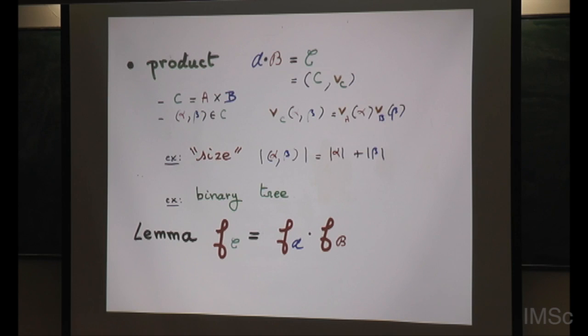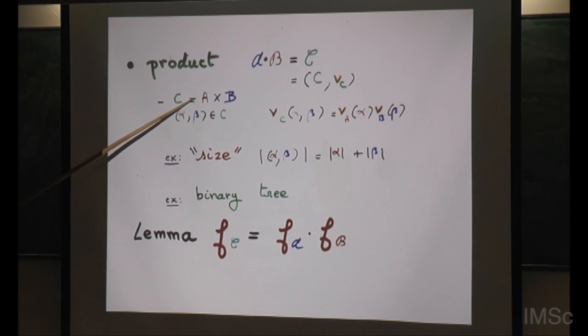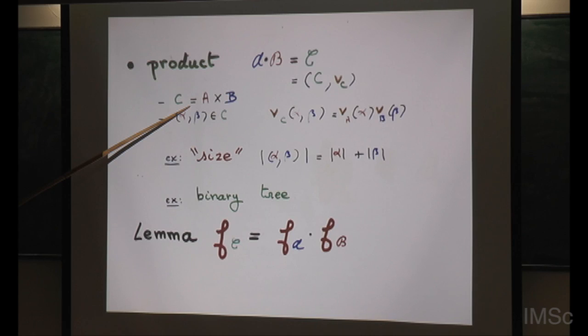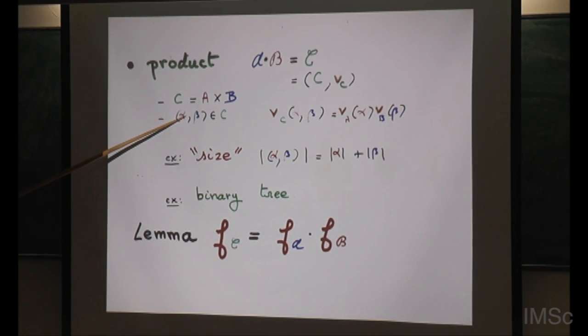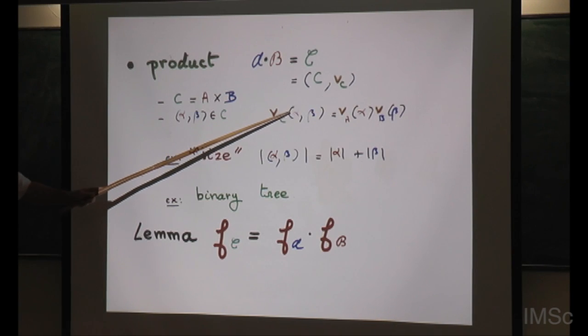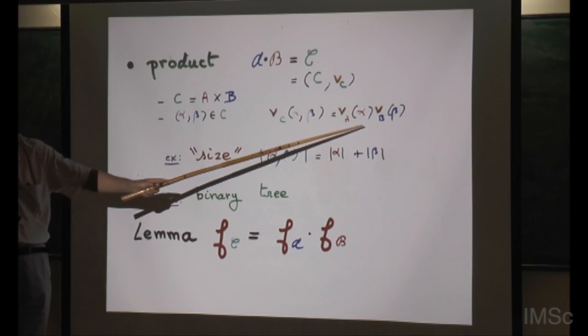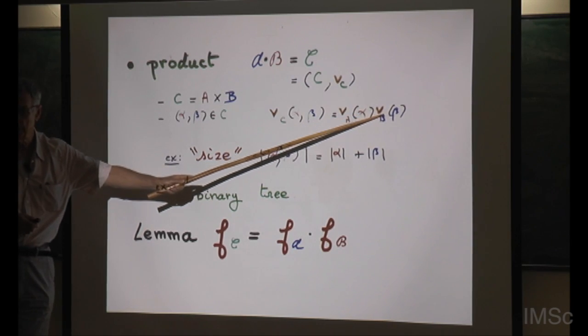Now the product of two classes. The set C of the product is just the Cartesian product of A and B. An element of C will be a pair (alpha, beta) with alpha in A and beta in B. The weight of an element of C is just the product of the weights of each component, alpha and beta.